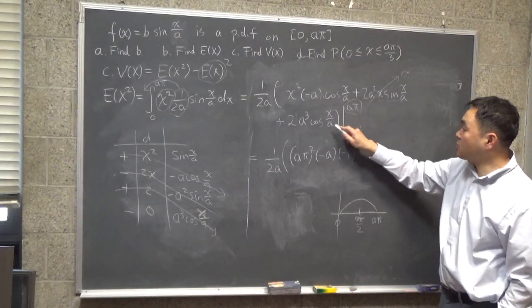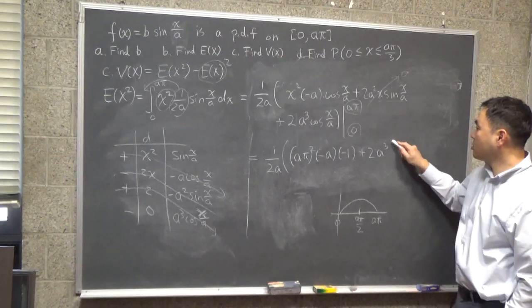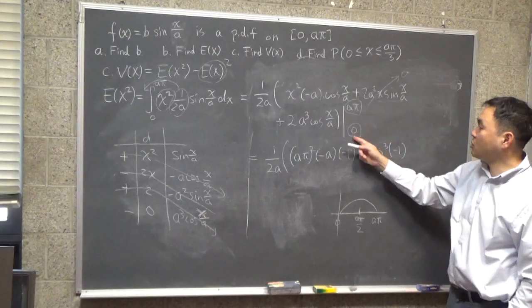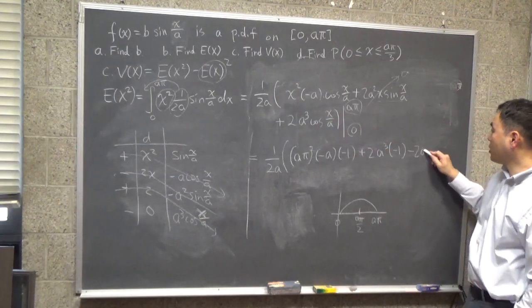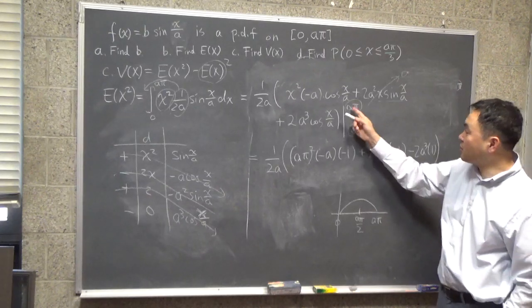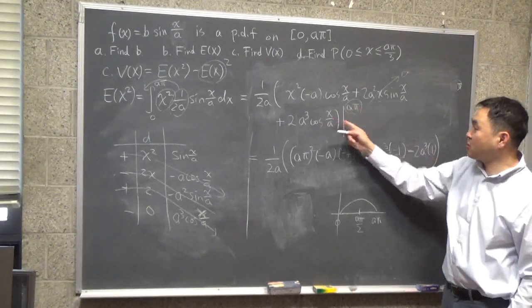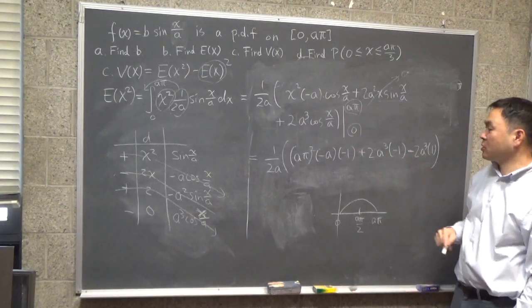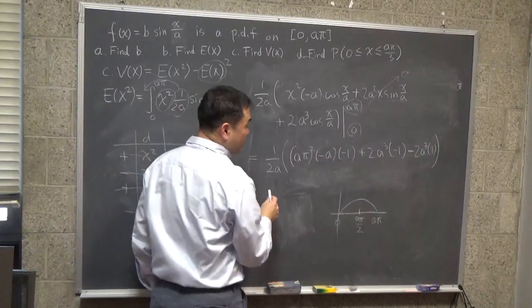When a pi is plugged in here, that gives you -1, so it'd be 2a cubed times -1. And when you plug in 0, cosine of 0 is 1, so you subtract 2a cubed times 1. Notice that you plug this in minus you plug this in. That's why you have to subtract those two values. That's why you have this minus. Okay, so now let's carry on and see what we get.